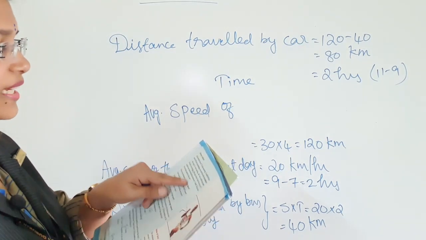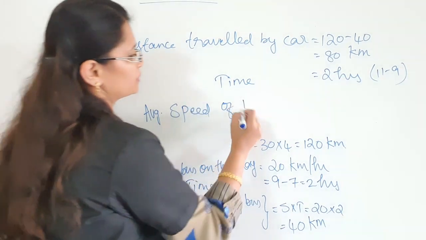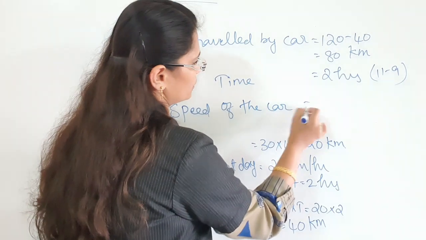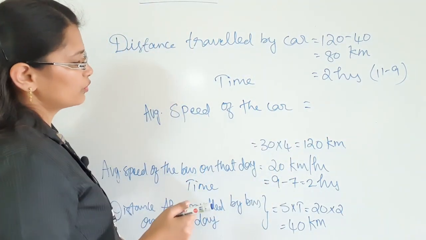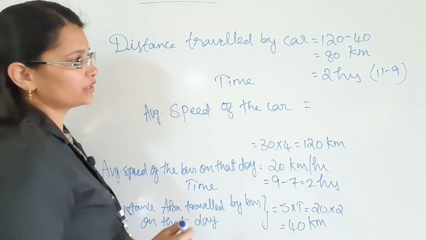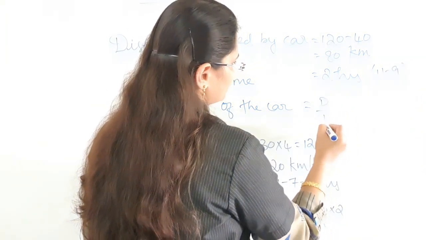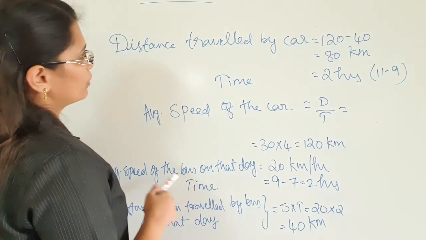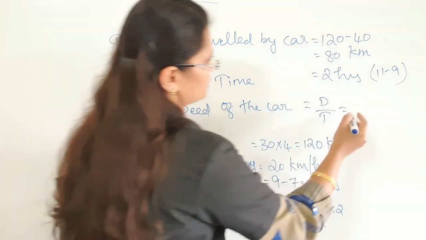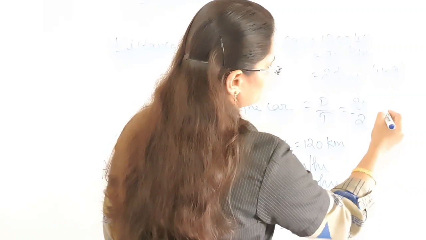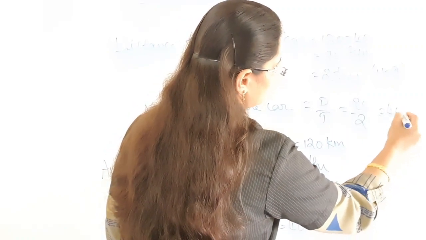What was the average speed of the car? What is the formula for finding the average speed? Speed is equal to distance by time. So what is the distance here? 80 kilometer by time 2 is equal to 80 by 2 is equal to 40.